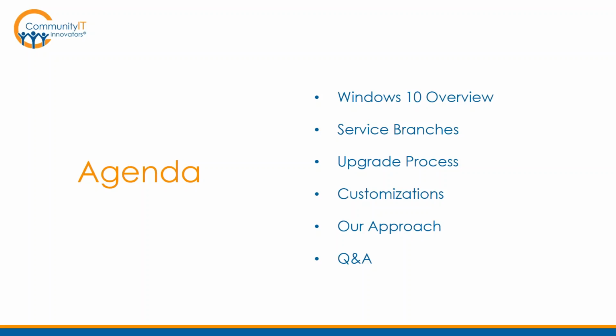We'll look at some of the options for customizations of Windows 10, particularly those that are of interest to organizations and enterprises. And then we'll provide some of our guidance or best practices for how to consider your upgrade to Windows 10 and what we're recommending to our clients here at Community IT. And we'll also have some time for question and answer at the end.